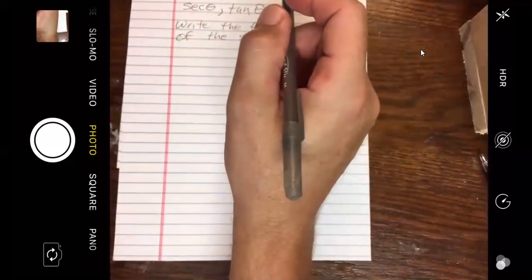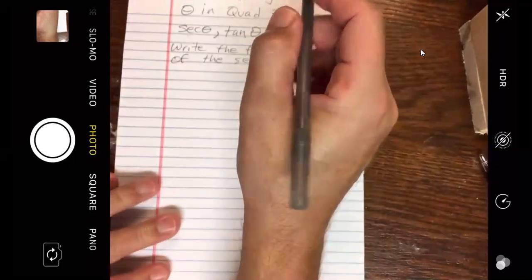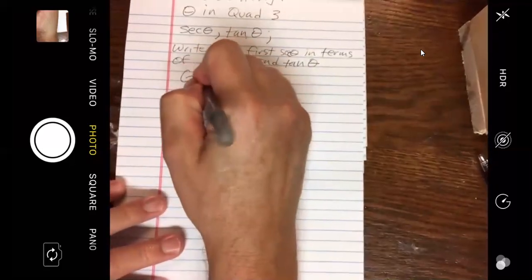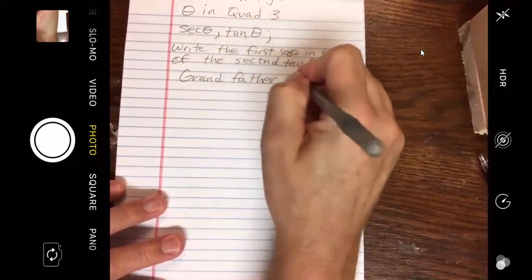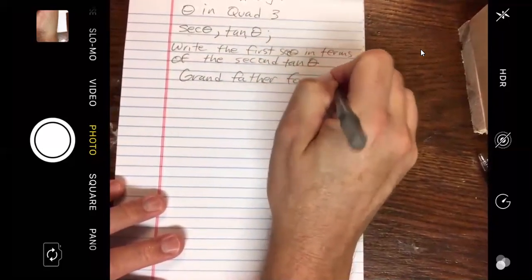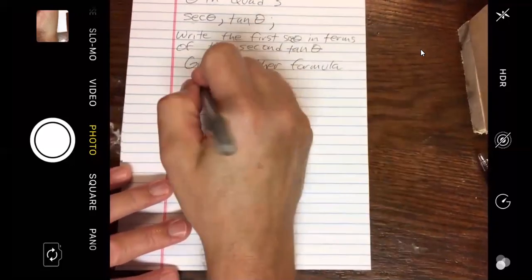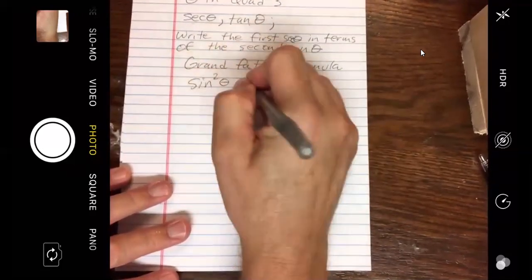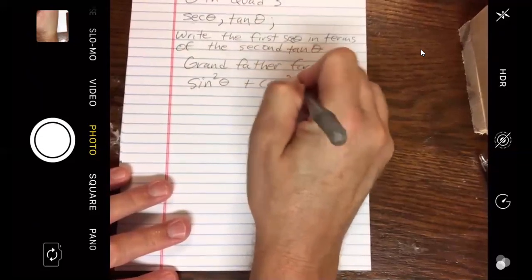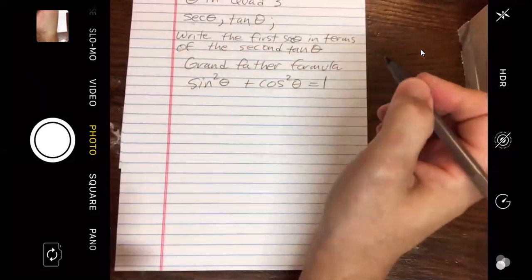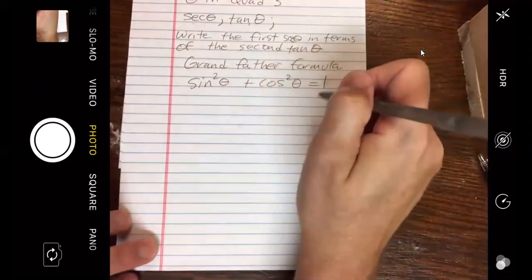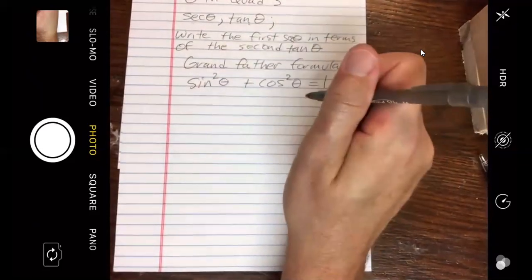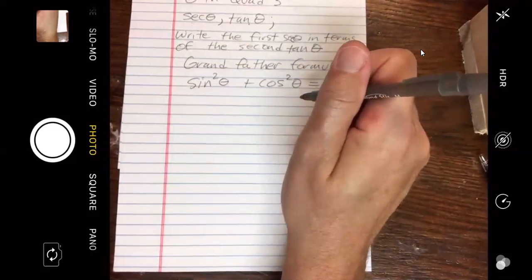I haven't really even shown this basic formula, I call it the grandfather formula, grandmother formula, either one: sine squared plus cosine squared equals 1. Are you familiar with this, or should I explain even where that comes from? I guess you can just explain a little bit of it, just so I know.